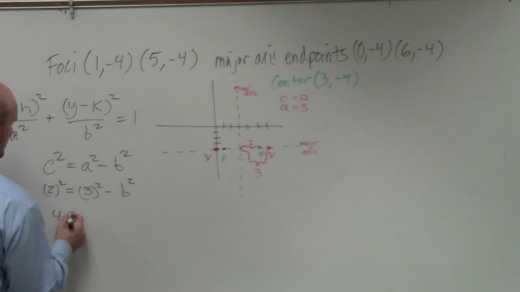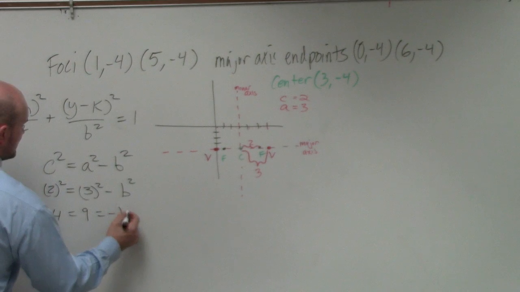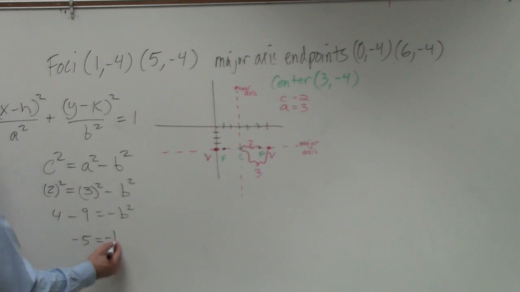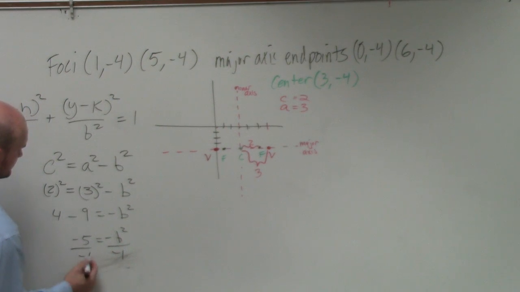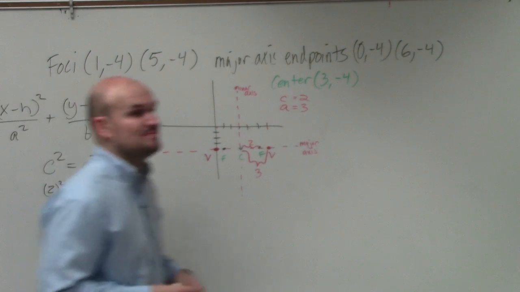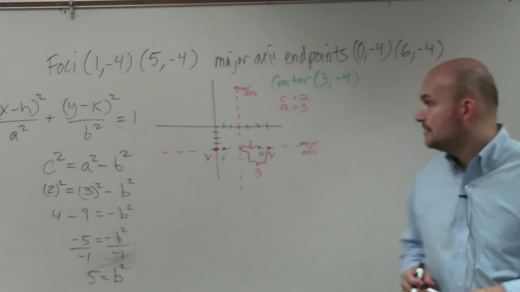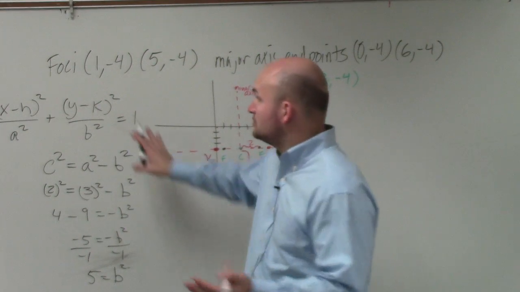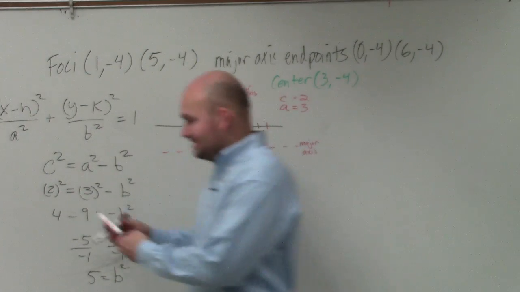Therefore, 4 equals 9 minus b squared. So 5 equals b squared. Does everybody follow me?